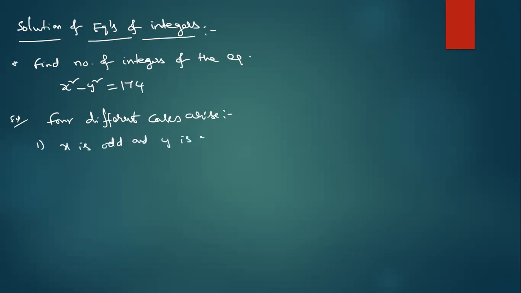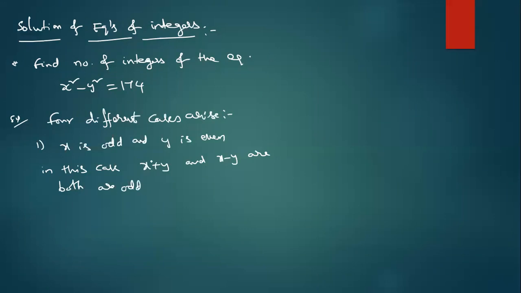and y is even. Clear? In this case x plus y is an odd number plus an even number, which is odd, and x minus y is an odd number minus an even number, which is also odd. So both are odd.